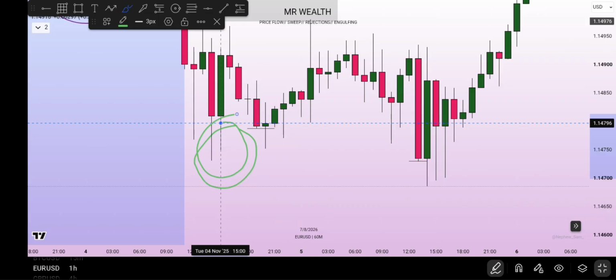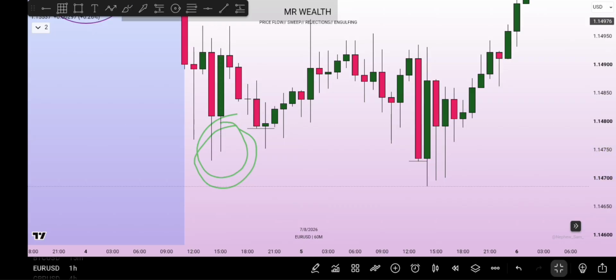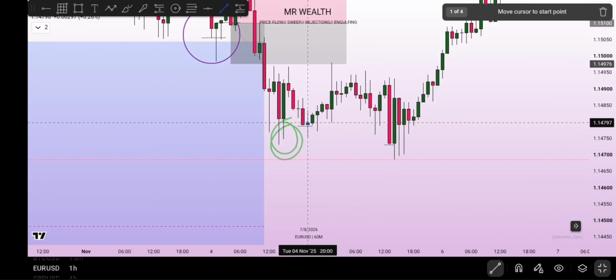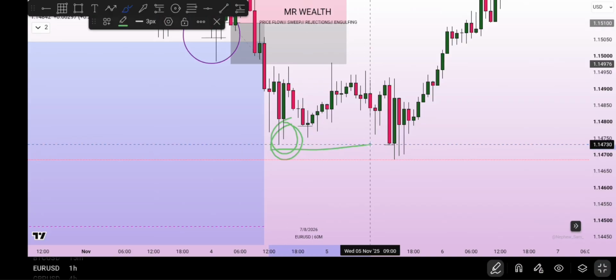In trading, since this one failed to form that model, the sweep, reject and engulf, it is going to be used as liquidity. That's why the market came down there, took it out and rejected.